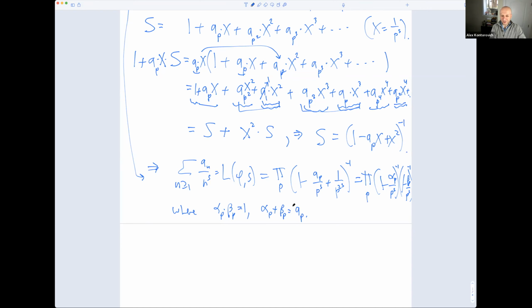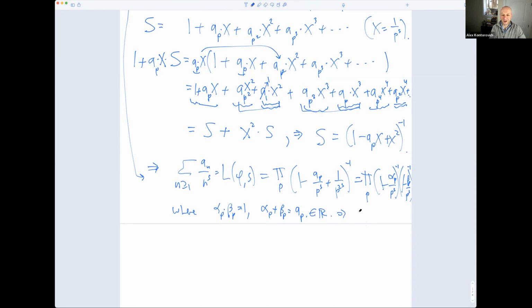Now the a_p are real. So the fact that their product is 1 and their sum is real means that their imaginary parts are negatives of each other, that they are conjugate.